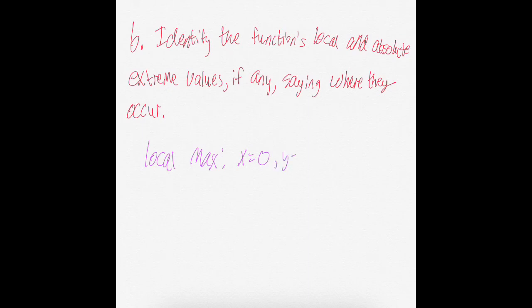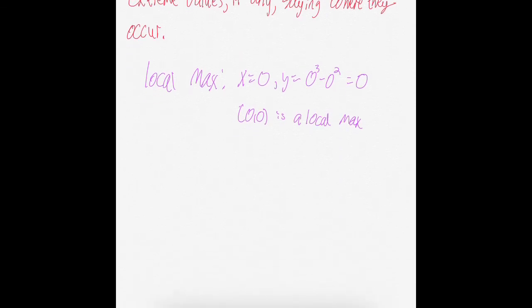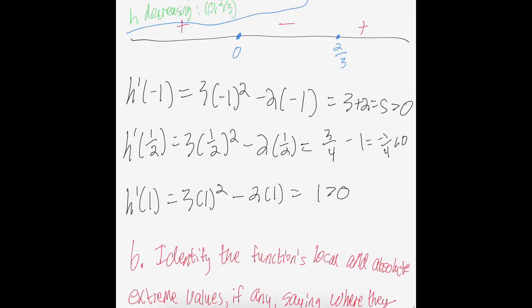Because the derivative is positive to the left of it and then negative. So this is going to be at x equals 0. Okay. So plug in x equals 0, then y equals 0 cubed minus 0 squared equals 0. So (0, 0) is a local max.